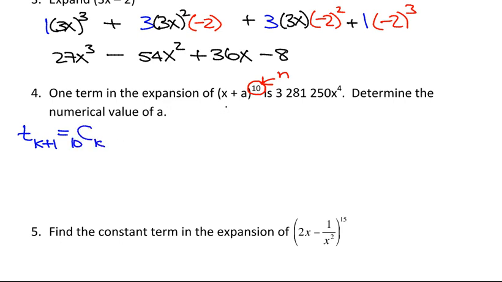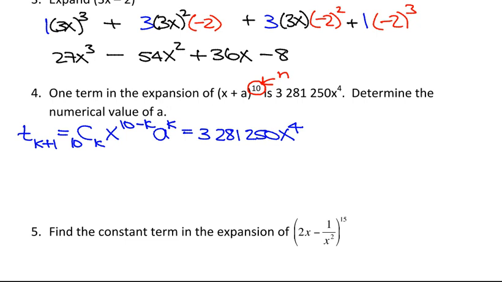Then I have X to the power of 10 minus K. And then I have A to the power of K. And I know that all of this has to work out to give me 3,281,250 x to the power of 4.